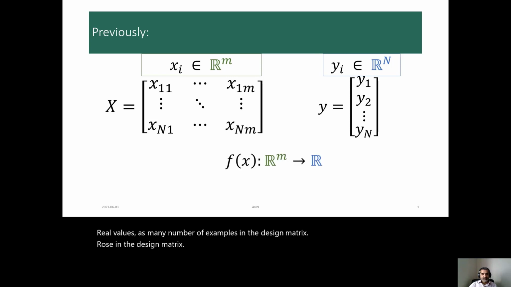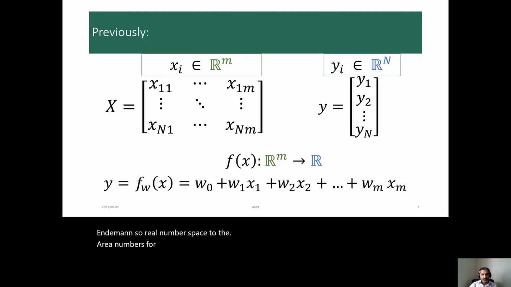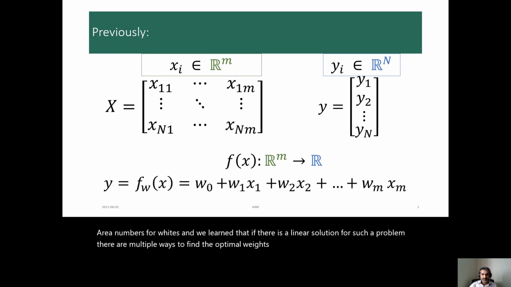And we learned this function f given x will map from the m-dimensional real number space to the real numbers for y. And we learned that if there is a linear solution for such a problem, there are multiple ways to find the optimal weights for that linear solution, W transpose X.